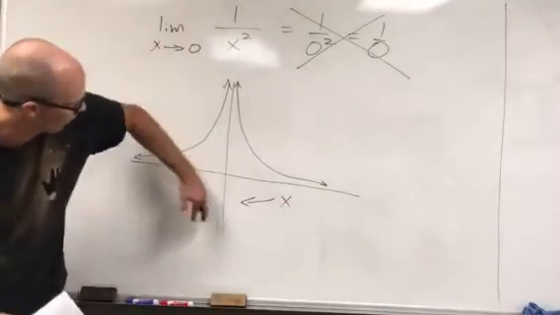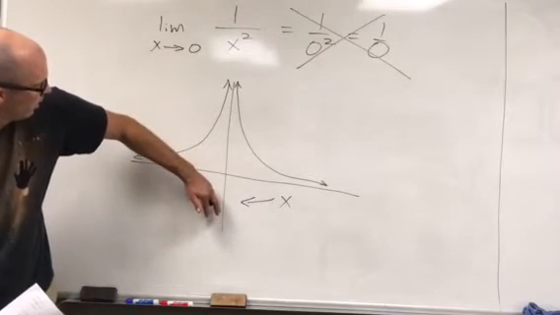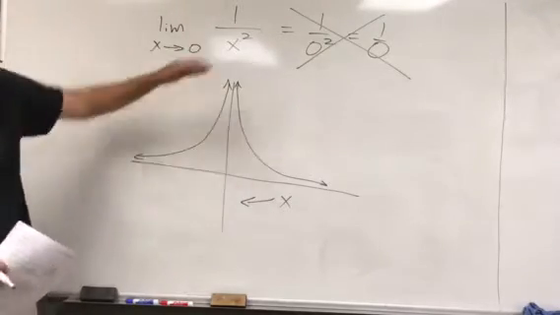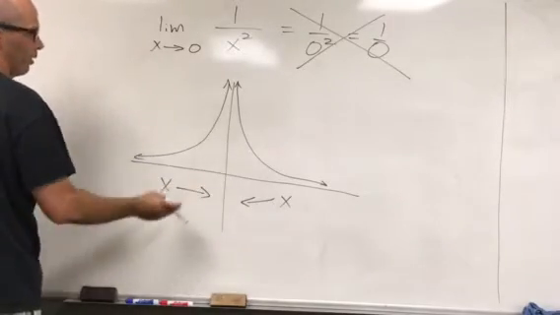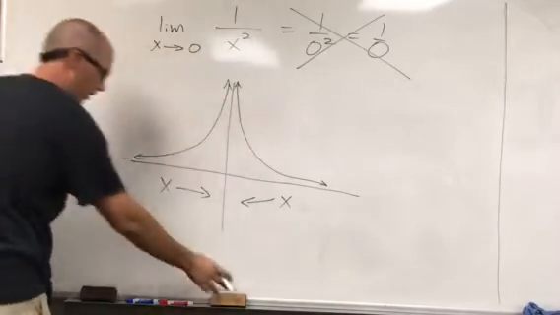As x approaches 0 from the right, we approach positive infinity. As x approaches 0 from the left, we approach positive infinity, right?